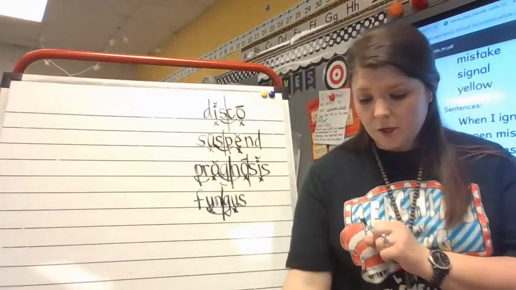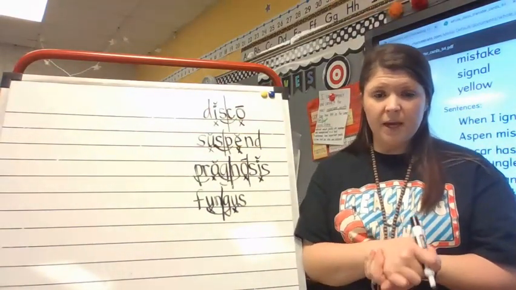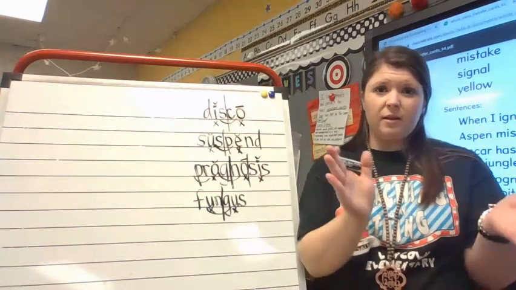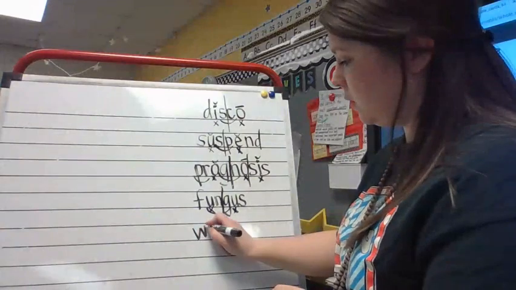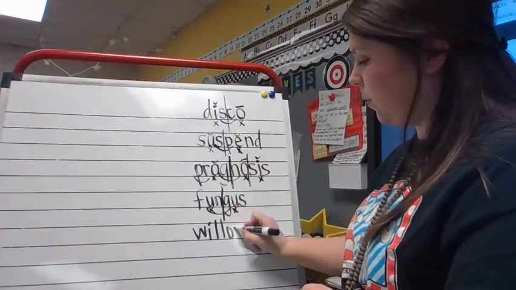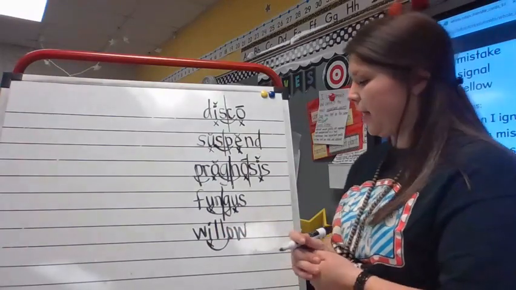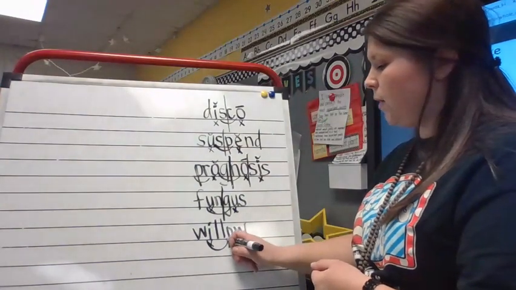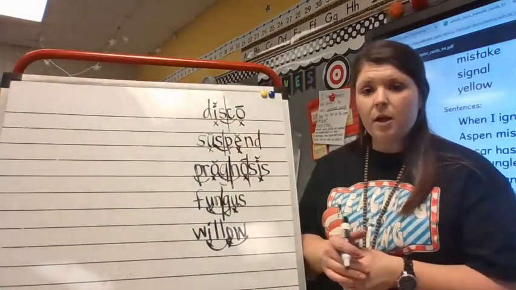All right, now we're going to do one more. Willow, say the word. Let's clap the syllables. Willow. Will. Low. All right, here we have a special vowel combination, I-L-L. And then we have O-W, which says O here. Okay?